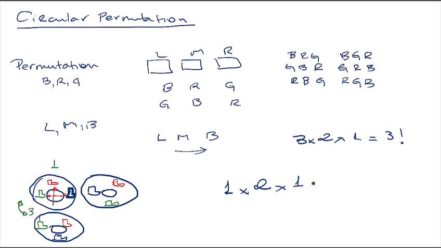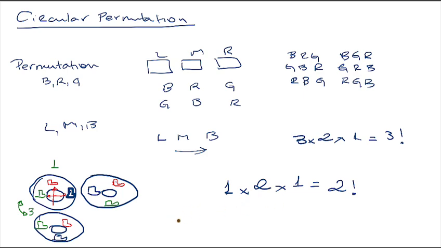So in the circular permutation, I actually have 2 factorial. And we can generalize this to any number of elements. So if we're organizing 3 elements, we will have 2 factorial. If we're organizing 4 elements in a circular shape, then it will have 3 factorial.